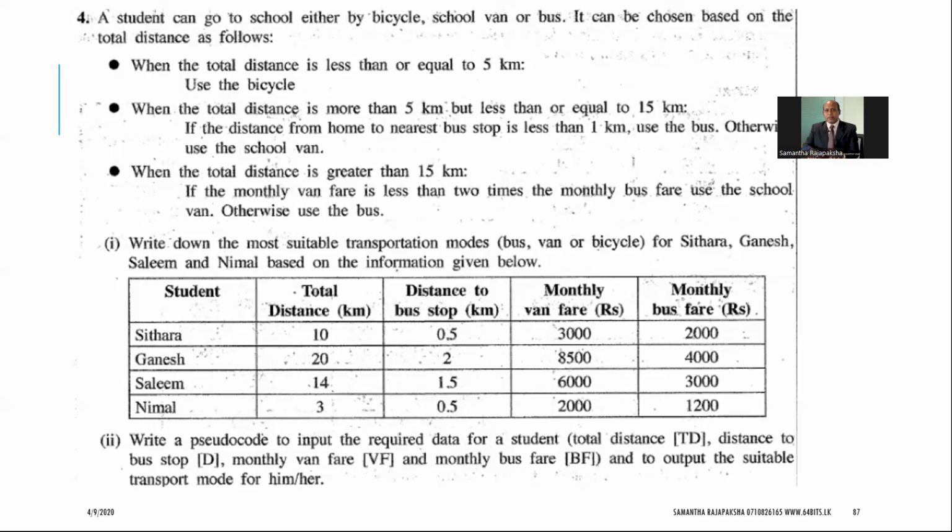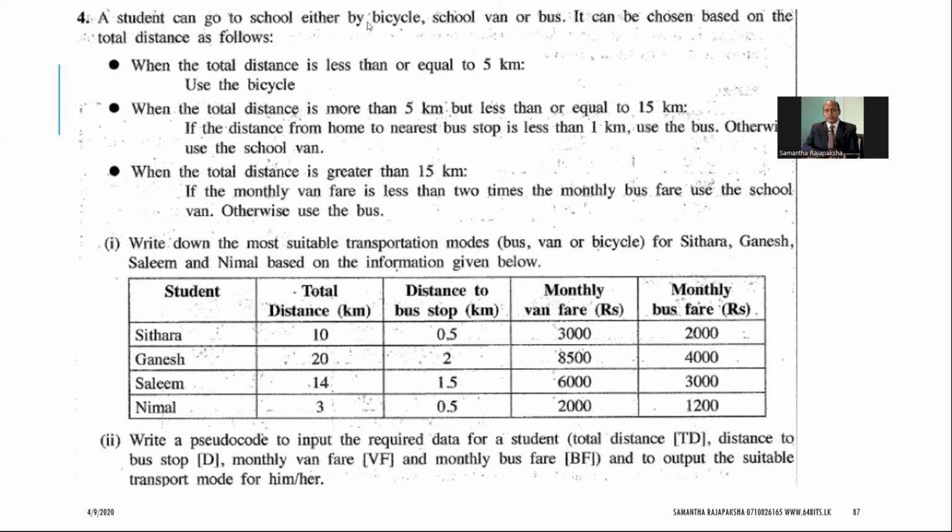Okay, if you look at this question, it says that students can go to school either by bicycle, school van, or bus. It can be chosen based on the total distance as follows. Now they have given the conditions actually. If the total distance is less than or equal to 5, use the bicycle.